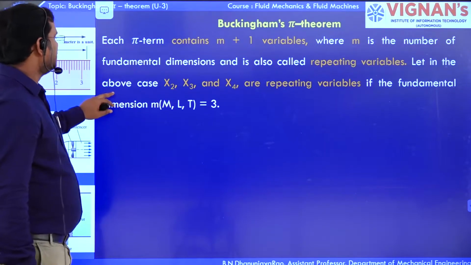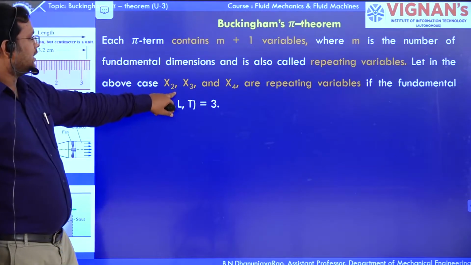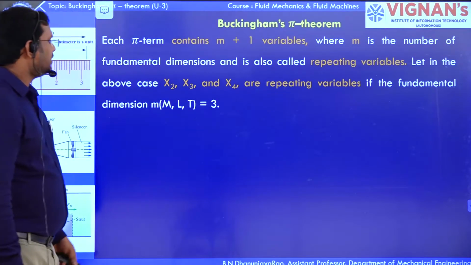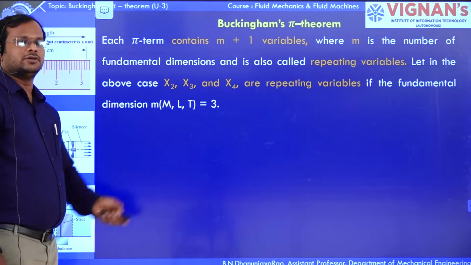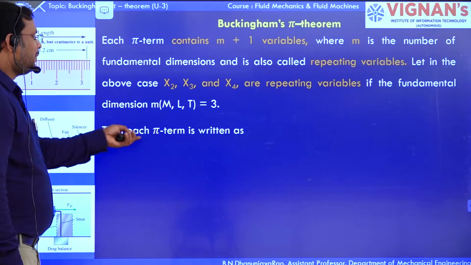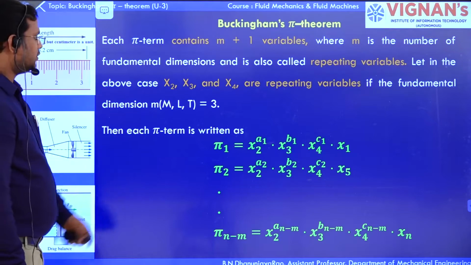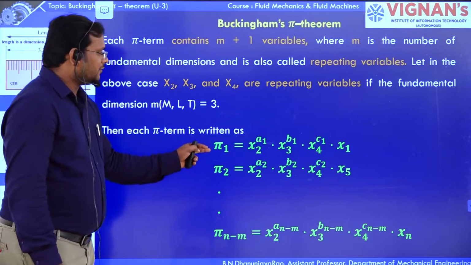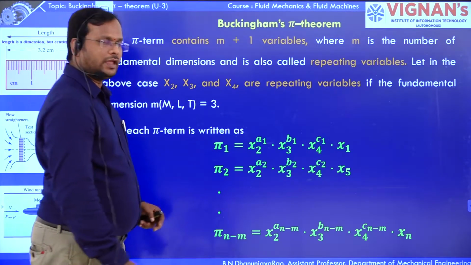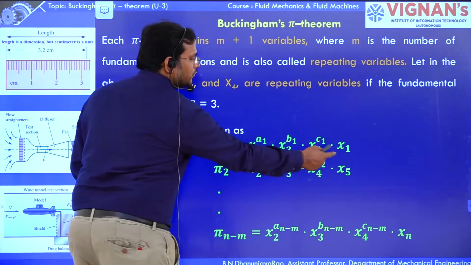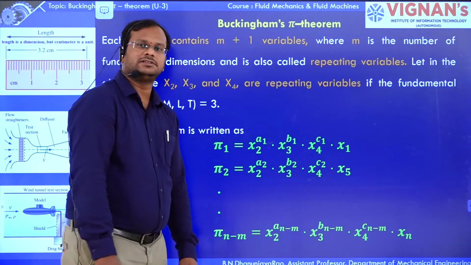Let in the above expression x2, x3, x4 be the repeating variables. If the fundamental dimensions M, L, T number 3, then the pi terms are written with m plus 1, 3 plus 1, equal to 4 variables. So in each pi term there are 4 variables, because m plus 1 is 4.